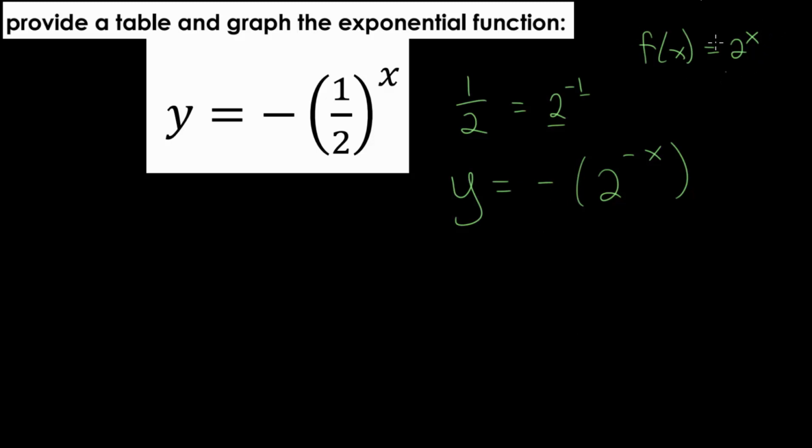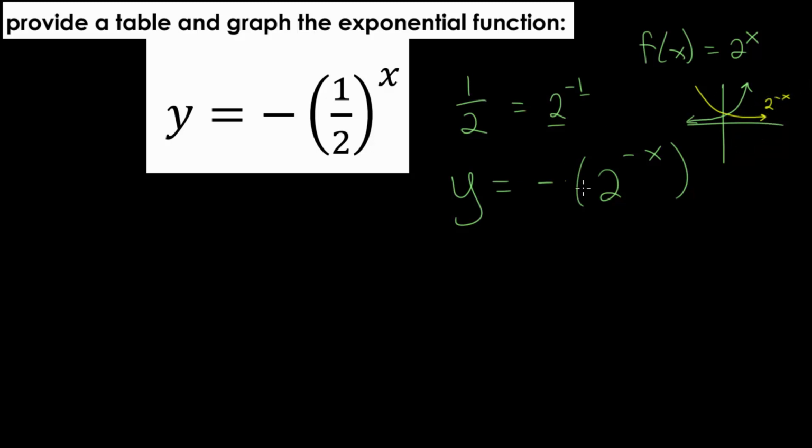So it's just this parent function 2 to the x, which you could make a table, but it looks something like that. Let me redraw that. Looks something like that. And then reflecting it about the y-axis will make it look something like that. This would be 2 to the minus x.